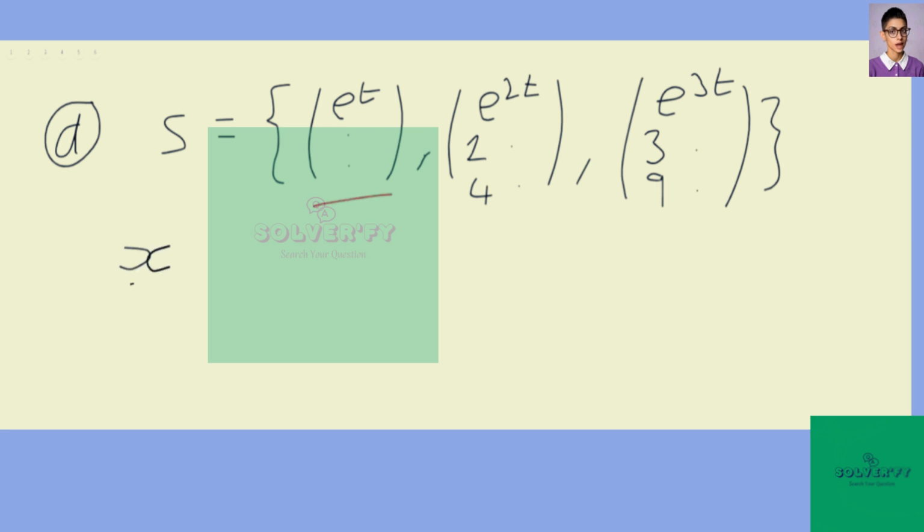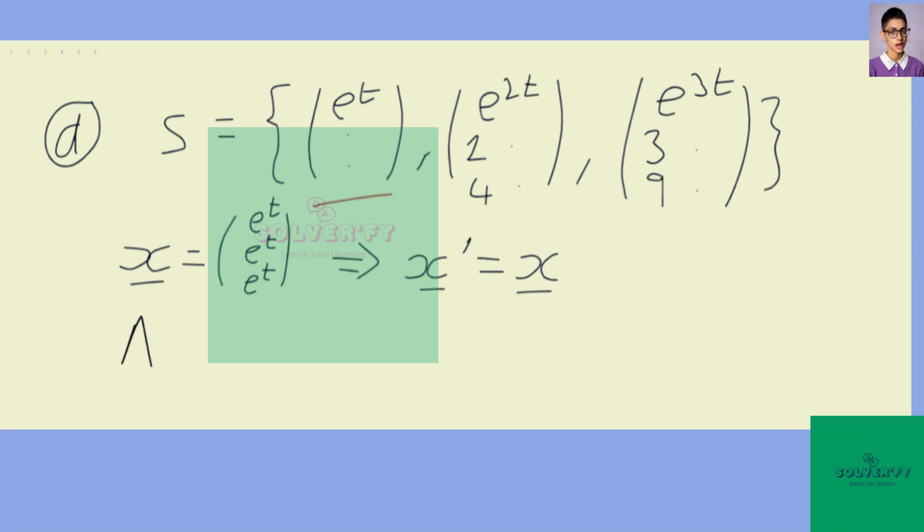Let x be equal to this vector, e to the t, e to the t, e to the t. Then x prime is just going to be equal to itself because they're all e to the t's.